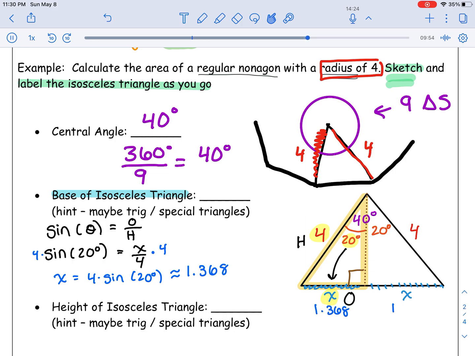But to get my entire base, I take that times 2 for my base, and I end up with 1.368 times 2, or approximately 2.736.